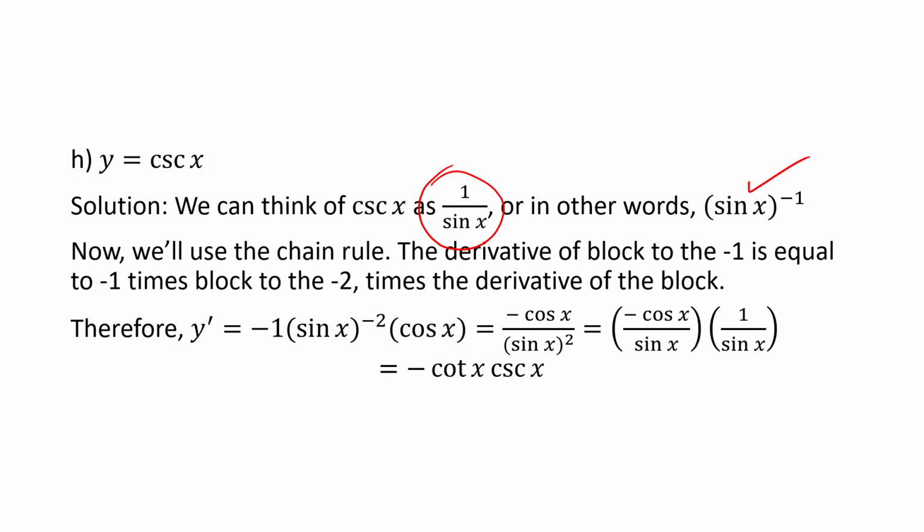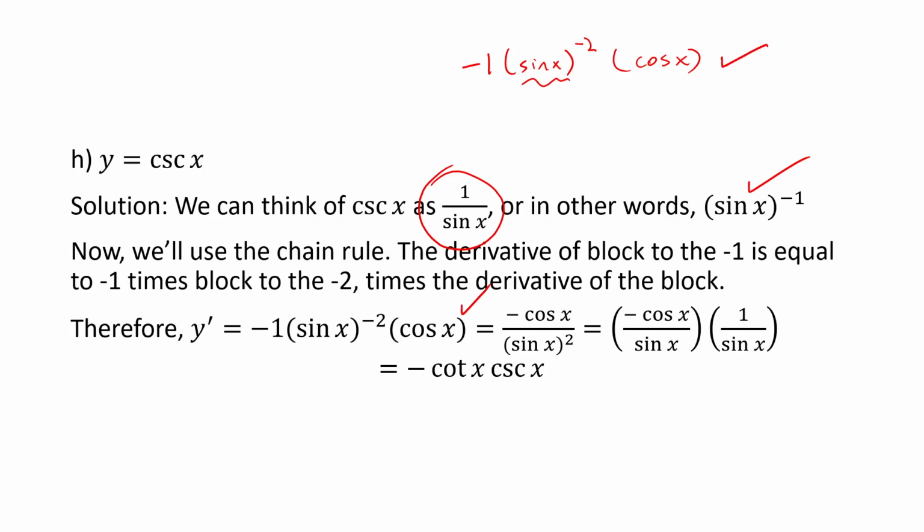So how would we determine the derivative of sine x quantity to the exponent negative 1? Well, we would put a negative 1 in front and multiply by sine x, and then make the exponent negative 2. But then we would also have to multiply by the derivative of the inside of that bracket. In other words, multiply by cos x. And that gets us to this point right here.